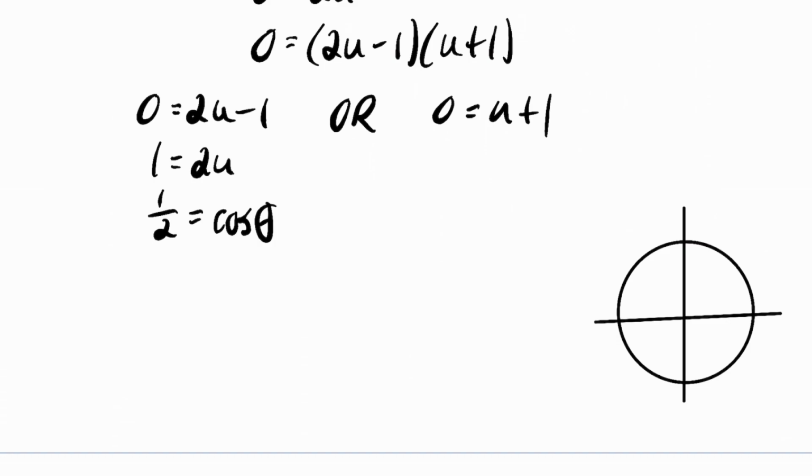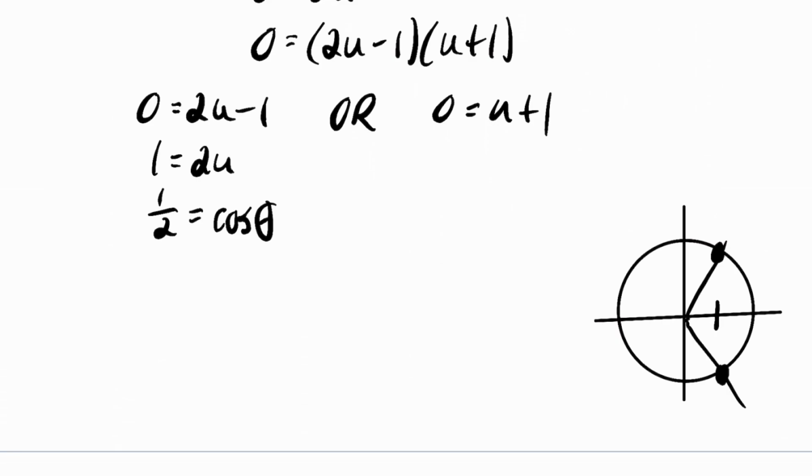That's close enough, right? So if cosine is 1/2, that's right about here. This is a unit circle. That's about at the 1/2 point. So I want these two positions, right? And if you think about your unit circle, that's pi over 3 and negative pi over 3. So let's write that down. Theta equals pi over 3 and negative pi over 3.